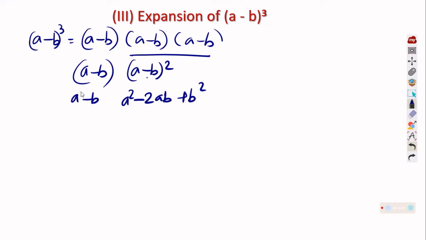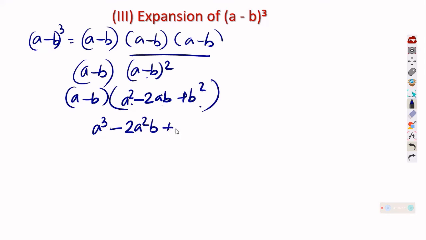ये a minus b वैसा ही रखेंगे. Now we need to multiply with a to each element of this, b to each element of this. That means a into a square, which is equal to a cube. Correct? A cube minus, I am multiplying each member, minus 2a²b.